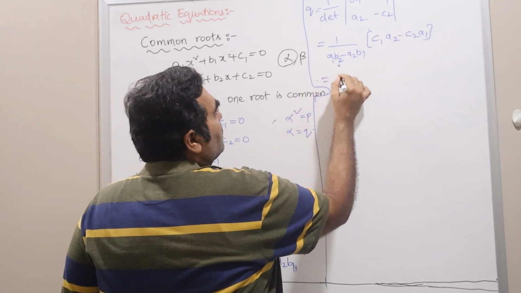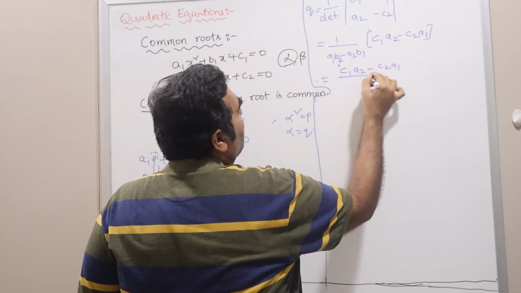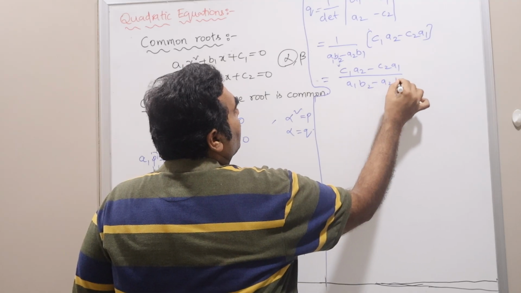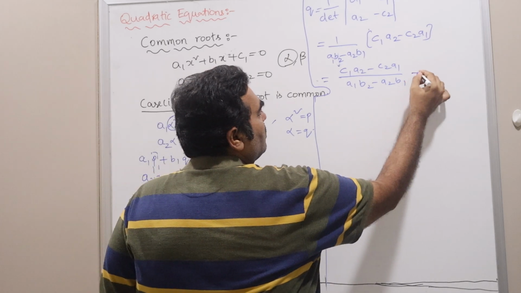So Q is equal to c1 a2 minus c2 a1 divided by a1 b2 minus a2 b1. This Q is equal to alpha.